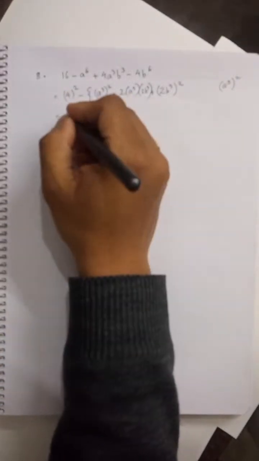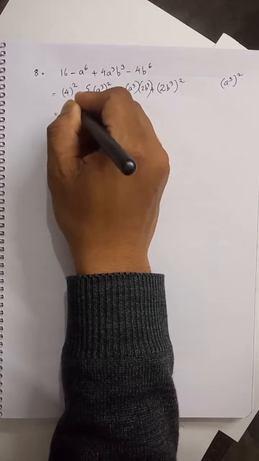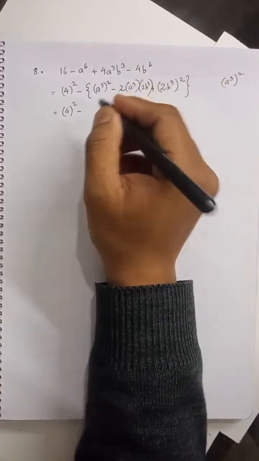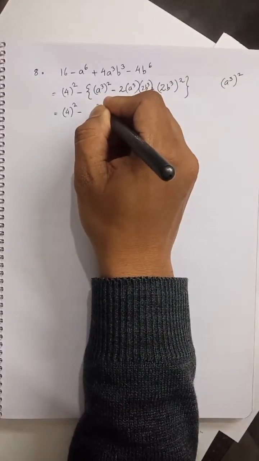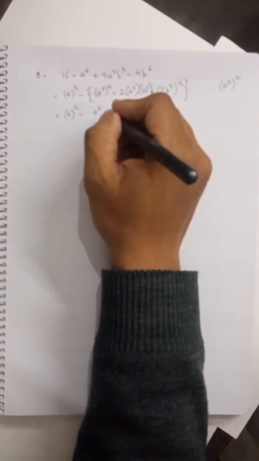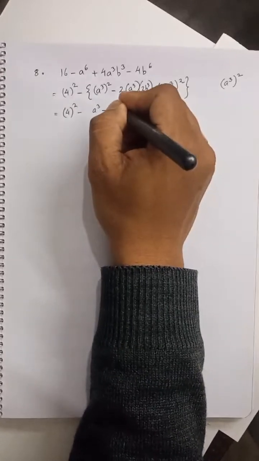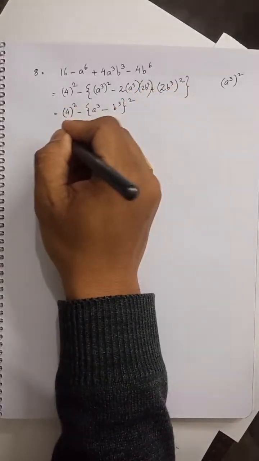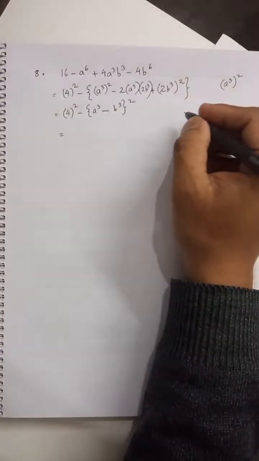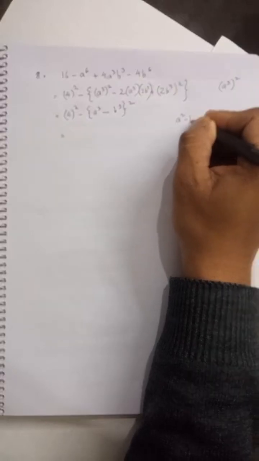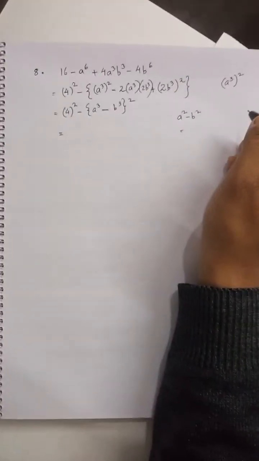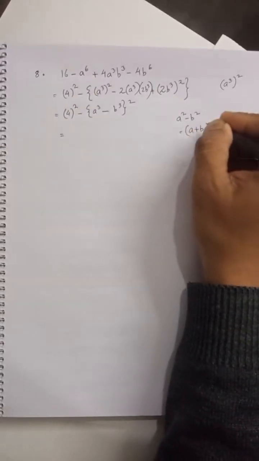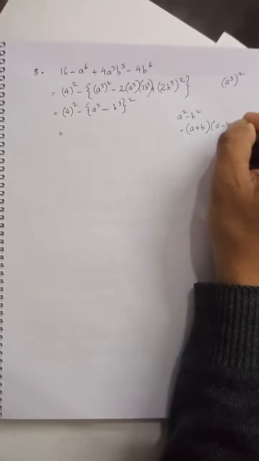So we can write as a square, that means 4 square minus, okay, I forgot to put the bracket. So this is a cube minus b cube whole square. So we'll use, I'm writing the identity a square minus b square equals a plus b into a minus b.